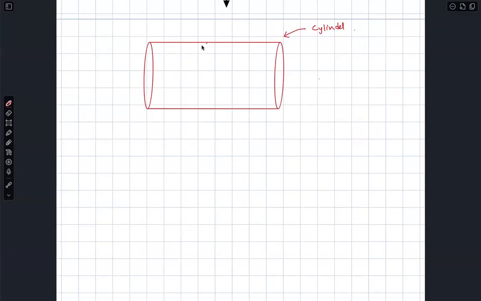Now let us try to see what is happening at two different regions. And this is a putty.